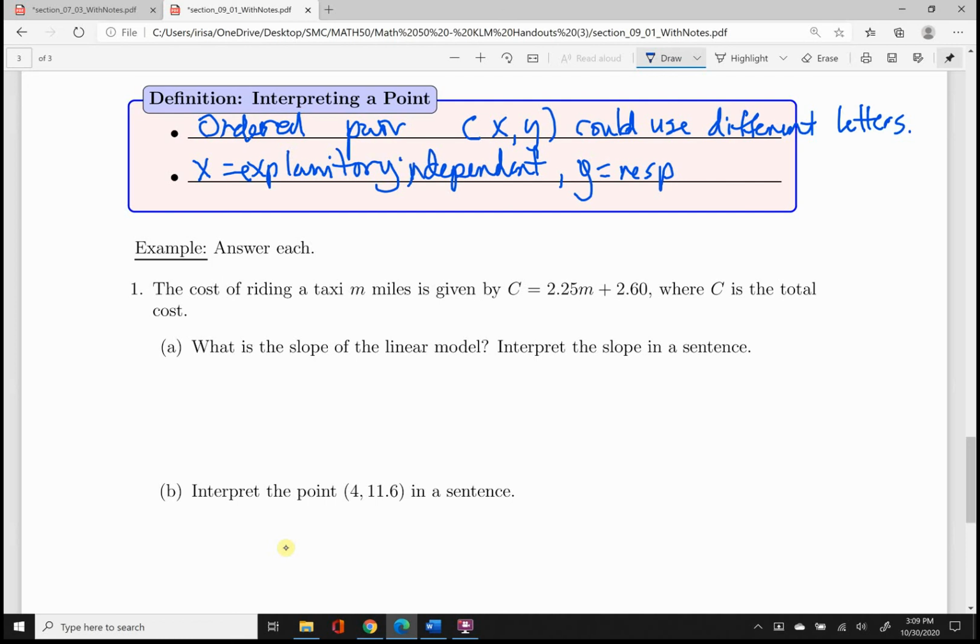My bad, guys. Explanatory or independent, the y is the response, and it's dependent. I am so sorry for the confusion there.